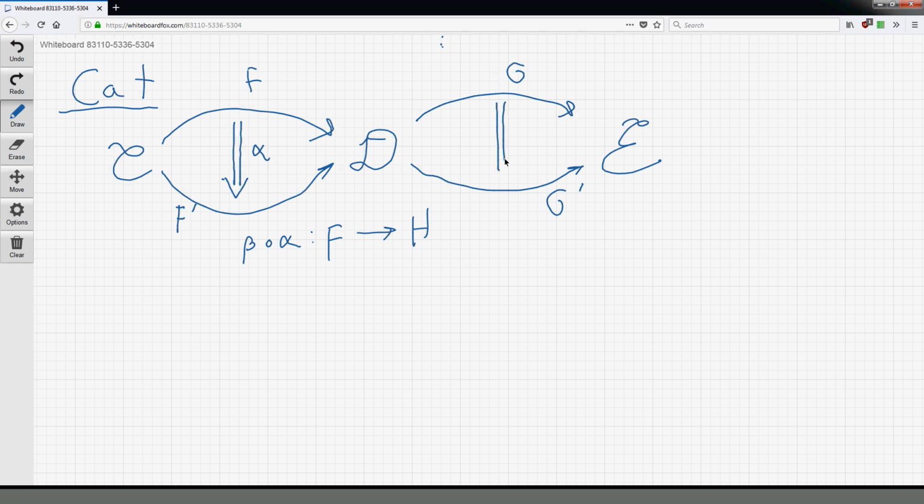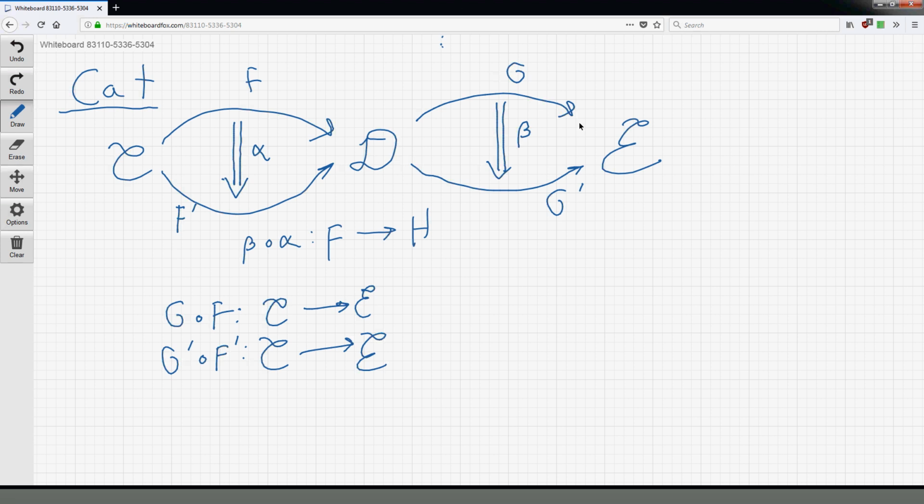And another natural transformation, I'll call this one beta. Now, there's no way you can compose these in the traditional sense because they're not even in the same category. But if you think about it, you can compose morphisms, right? So G after F is a morphism from C to E, and G prime after F prime is a morphism from C to E.